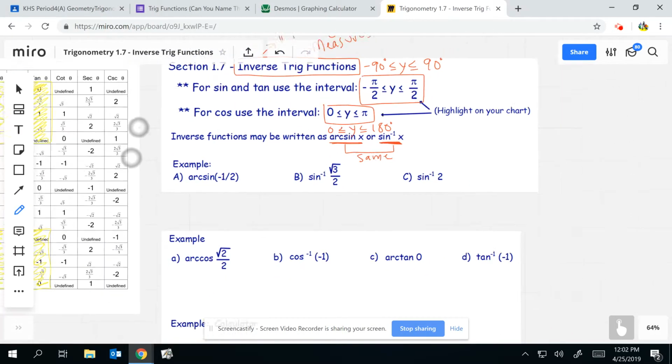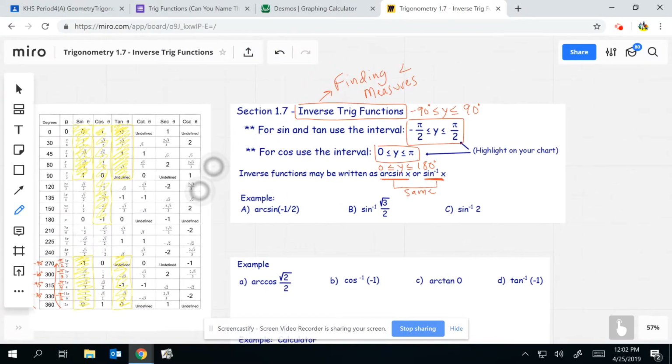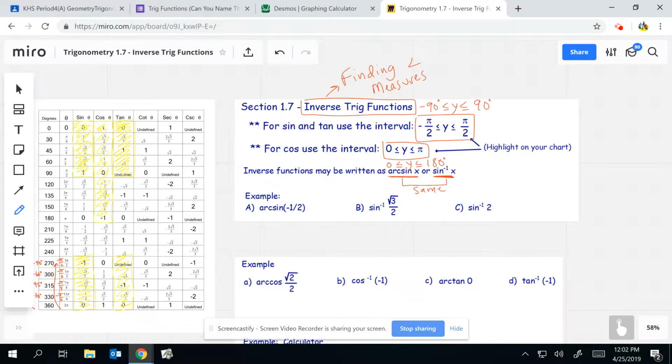So if I'm looking for the inverse or arc sine of -1/2, where on your chart is the sine of -1/2? I see -1/2 at 210, which is 7 pi over 6. I see -1/2 way down here at the bottom, which is 330 or negative pi over 6 or 11 pi over 6.